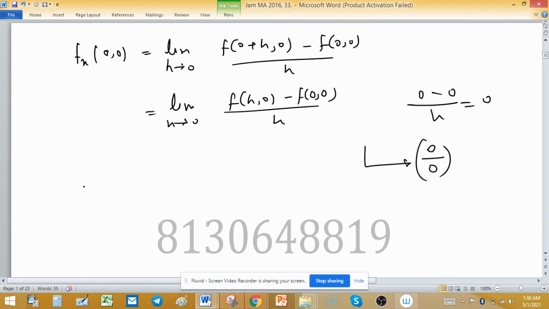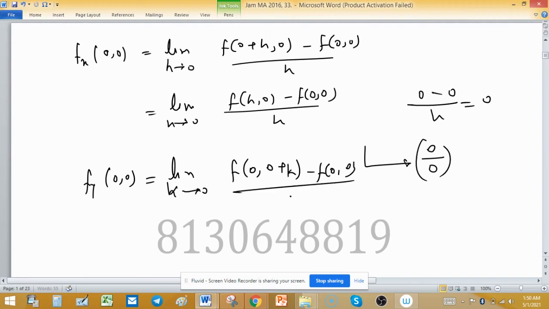So fx exists, and fy(0, 0) will be the limit as k tends to 0 of f(0, 0 plus k) minus f(0, 0) divided by k, and we have to find the limit as k tends to 0.